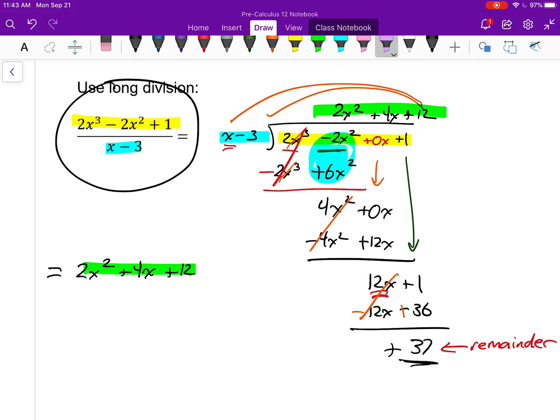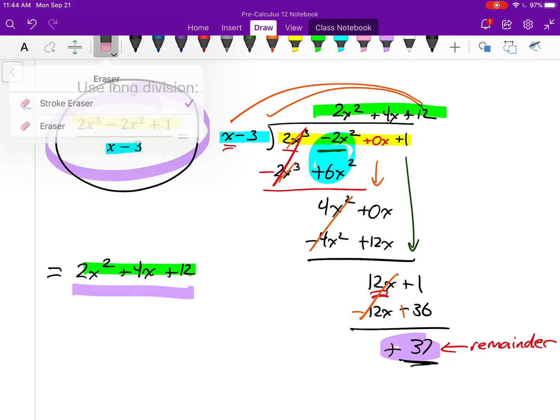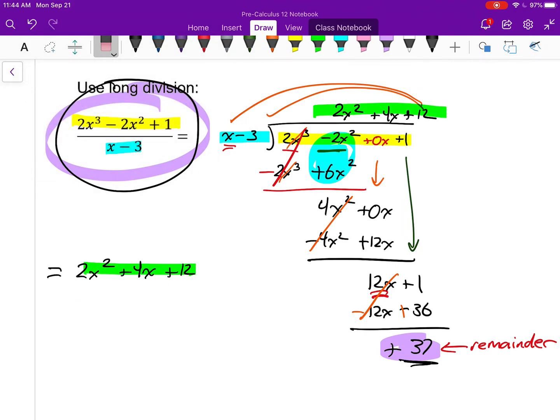And so what does that mean? That means there's a bit more I got to put right here. And so 2x cubed minus 2x squared plus 1 divided by x minus 3 equals what I have highlighted in green, plus, not 37, plus 37 over my divisor, x minus 3.